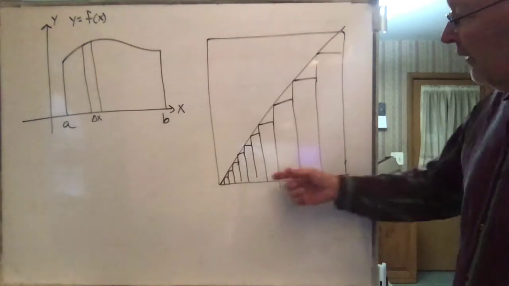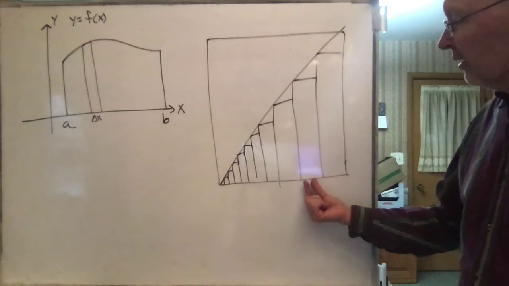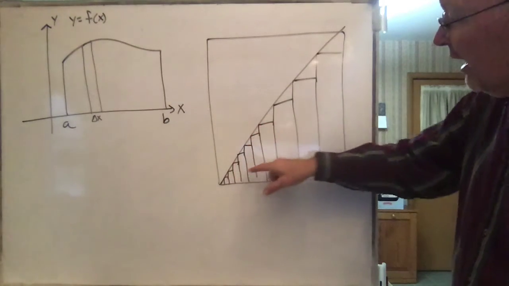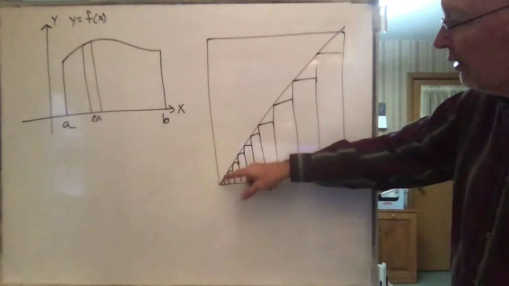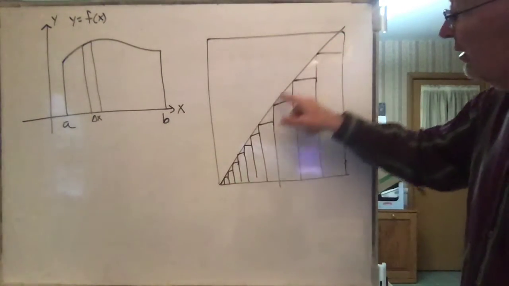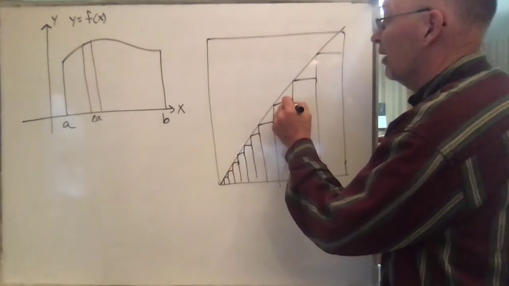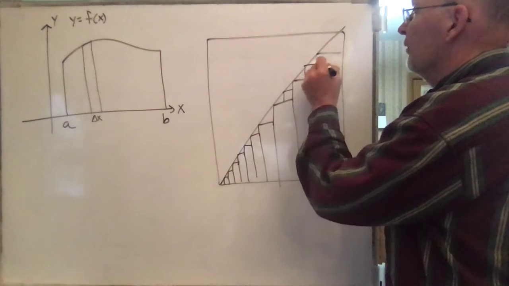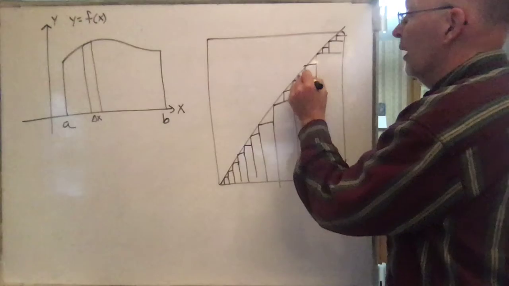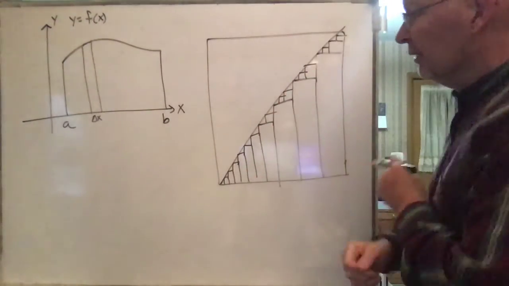And if you make the widths of these rectangles get smaller and smaller, then the area under all those rectangles is going to converge to the area underneath this diagonal line. Agreed? You got a little bit left off here, but as soon as you start making them smaller, you're going to grab that piece, and that piece, and that piece, and then you keep making them smaller yet. You're going to keep grabbing more and more of the area, and you're going to converge to the area underneath that diagonal line.